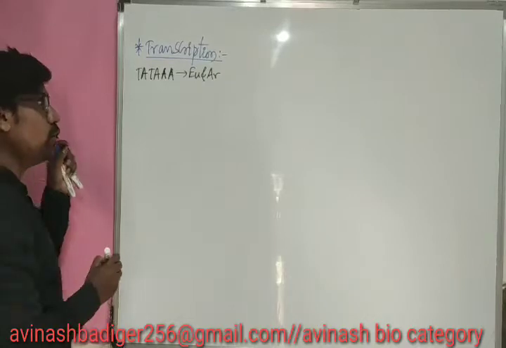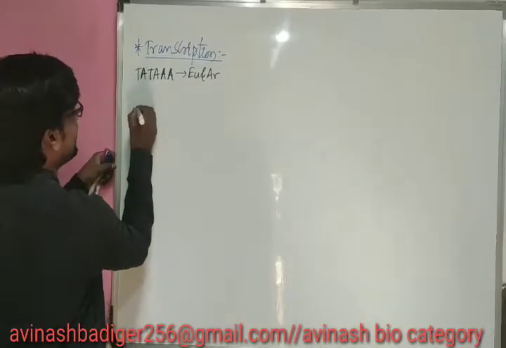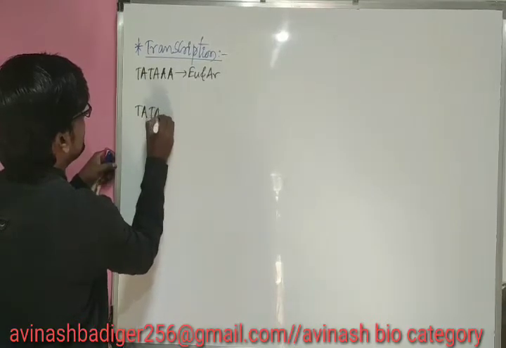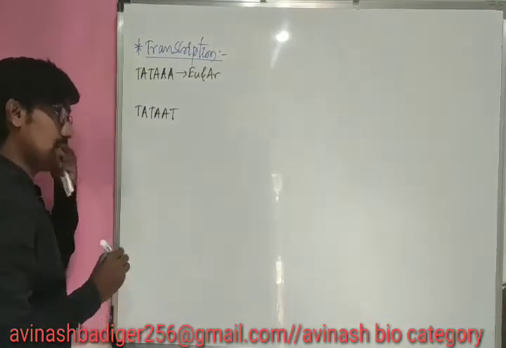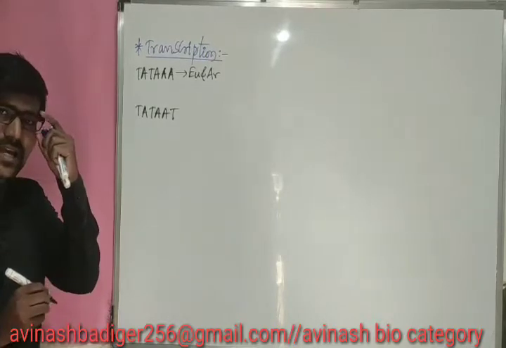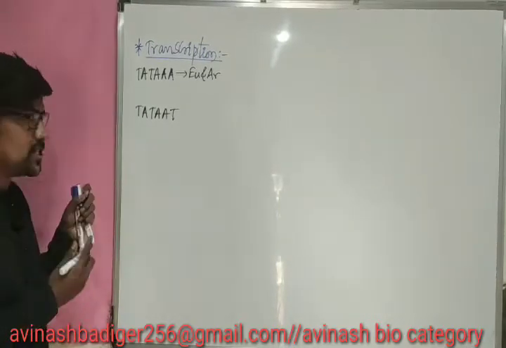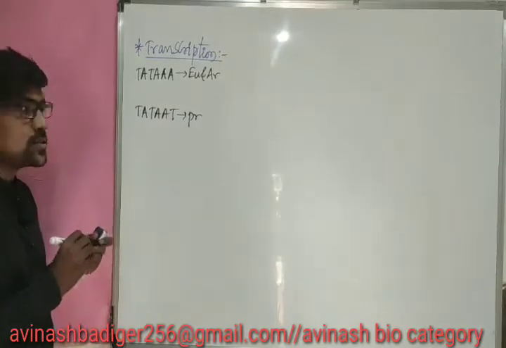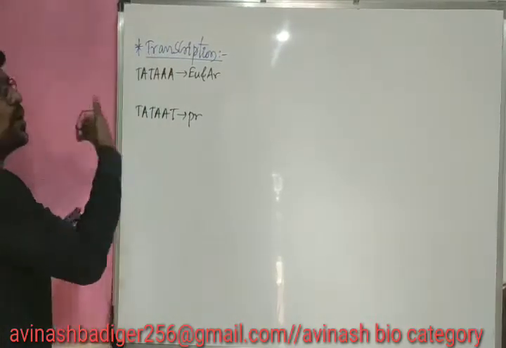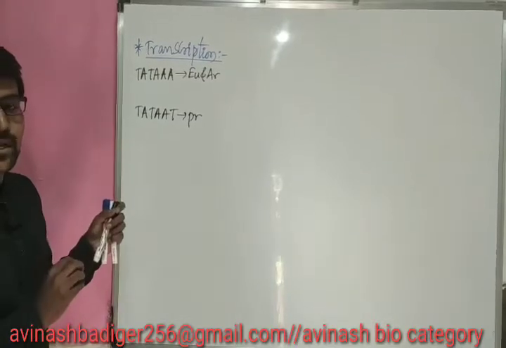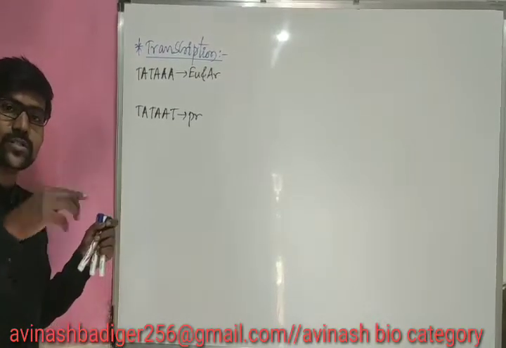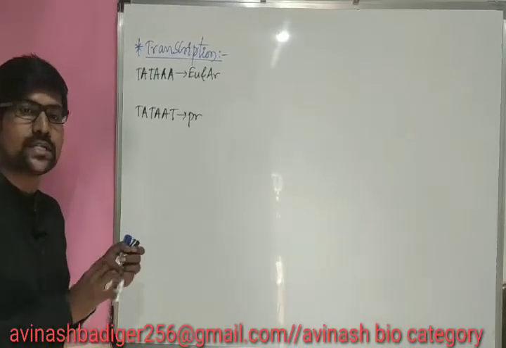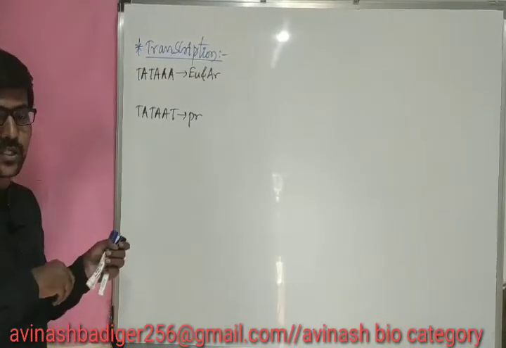But in prokaryotes, we can see this other type of box. That means the same sequences, but arranged in a different order. So in the promoter region, either this box or this box has hardly 5, 6 to 7 nucleotides, a small piece of DNA in the core part of the promoter region.